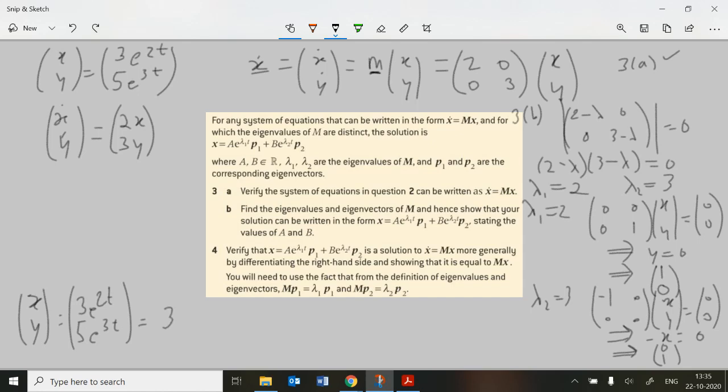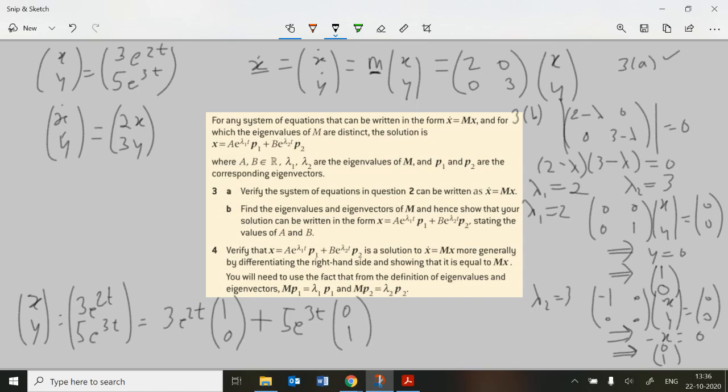So we've got 3e to the 2t, so that's this thing here, multiplied by p1, so that's when the eigenvalue is 2. We've got this as our associated eigenvector, so that's 1, 0, and this could be this, just showing that's possible, so e to the 3t, and then associated with the 3, we're getting 0, 1.